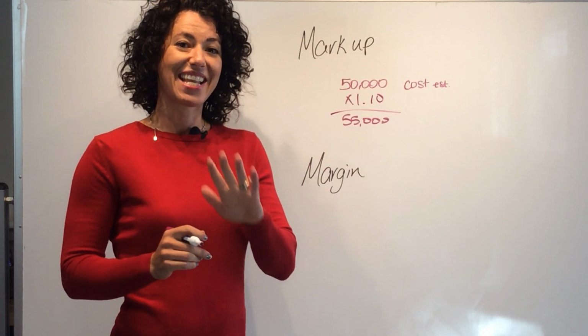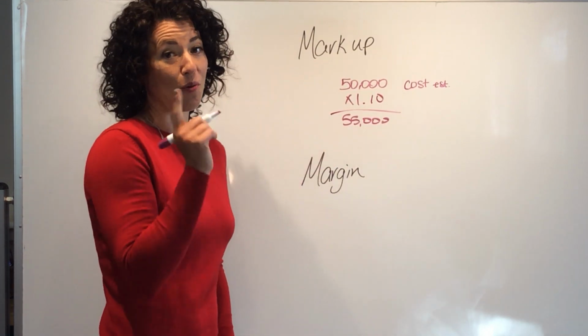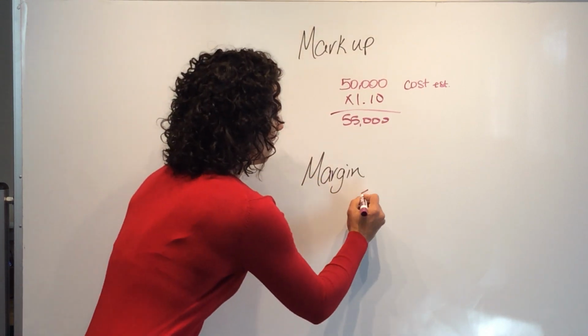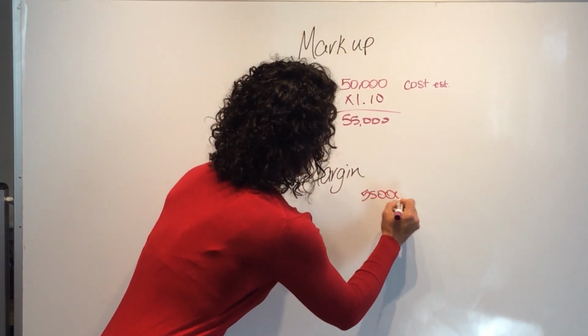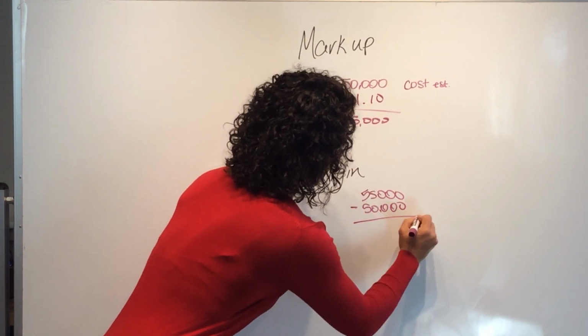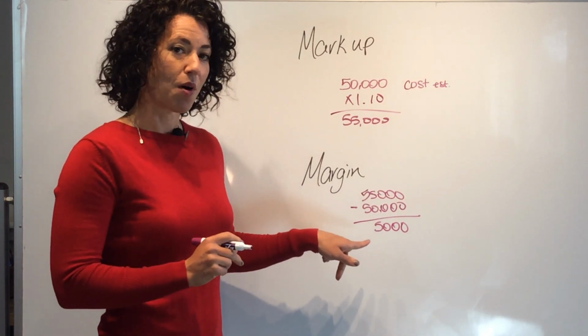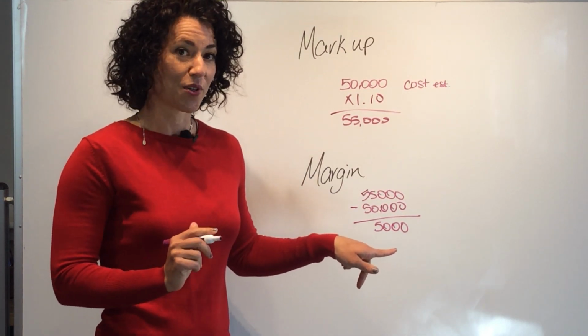Okay, so now let's take the same calculation and move it down into margin. For margin, it is 55 minus 50 equals 5,000. So the 5,000 is our margin, but now we have to get to the margin percentage.